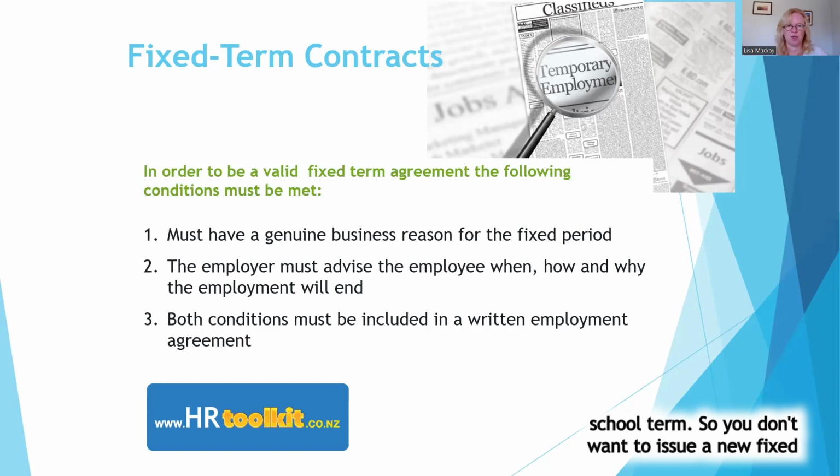So you don't want to issue a new fixed term contract every term. What you can do is put them on a low guaranteed hours contract with no guaranteed hours during the holiday periods, specified in the contract. So 0 hours during the holiday periods, but 40 hours during the school term. And that gives you a never-ending contract, which can be useful.